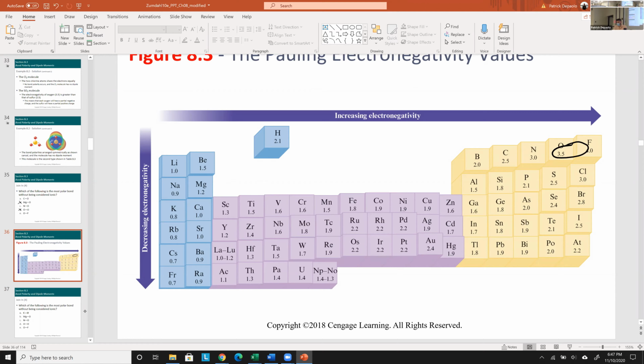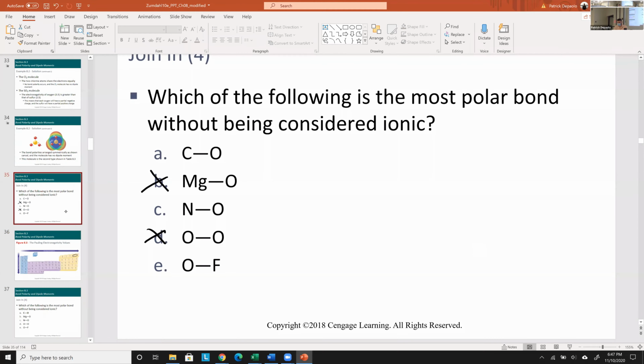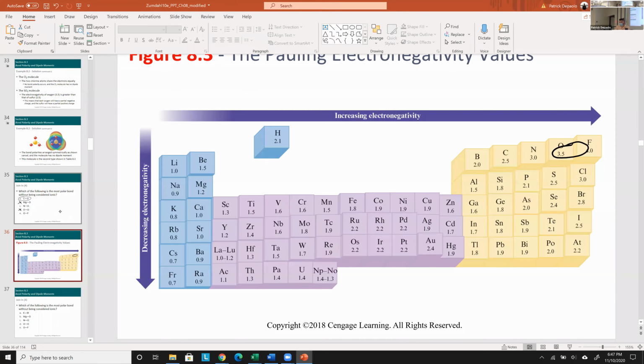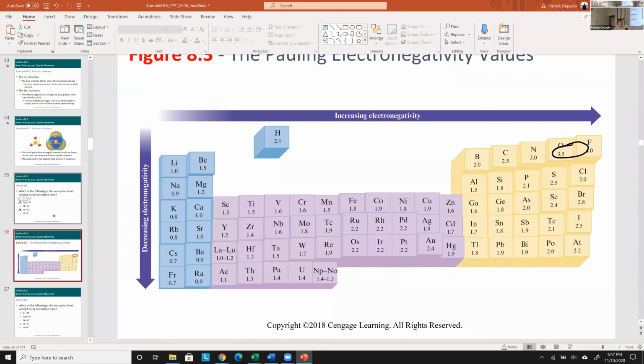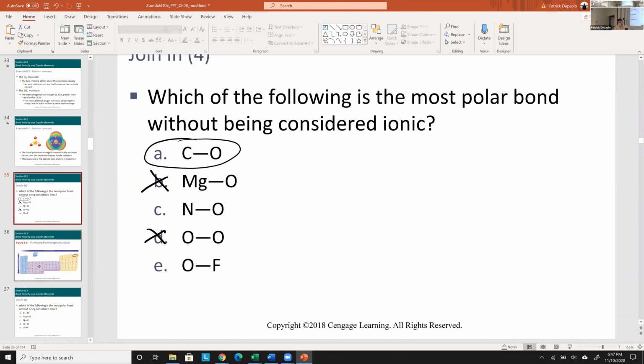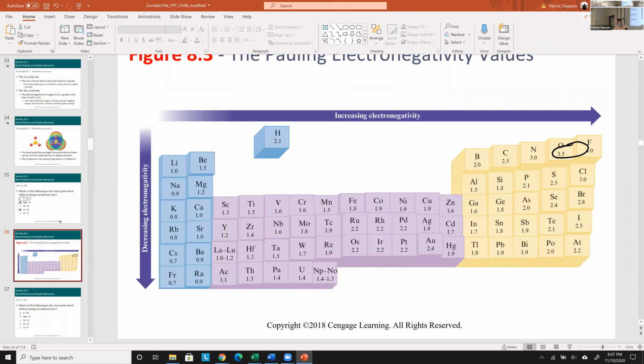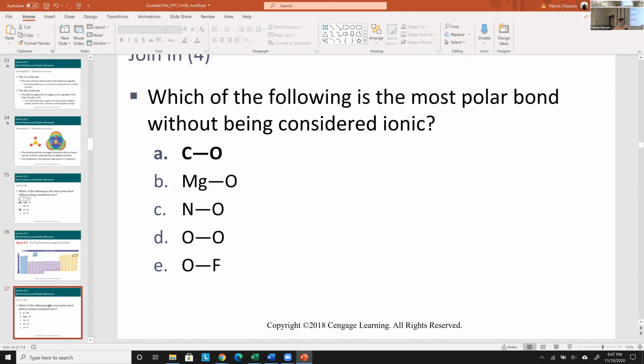So then it would have to be carbon oxygen. So that's what I was going to go with. Yes, good job, James. Yeah, so in that kind of question, I would expect them to give you the numbers for that. So that's why, when I modified these slides, I put the chart down here so that you can see the numbers when solving it.